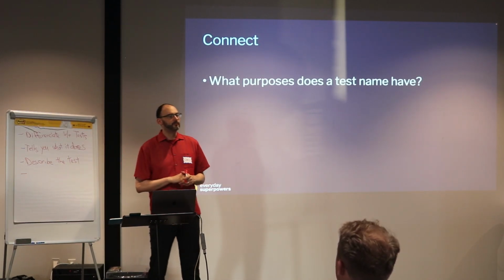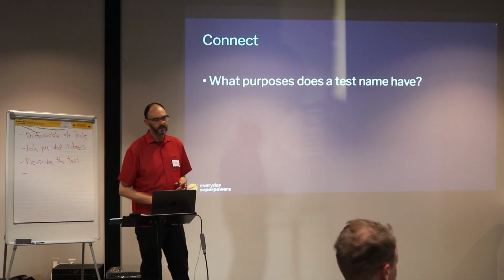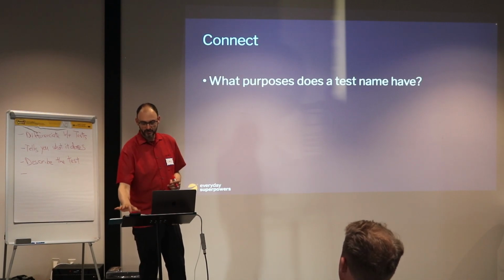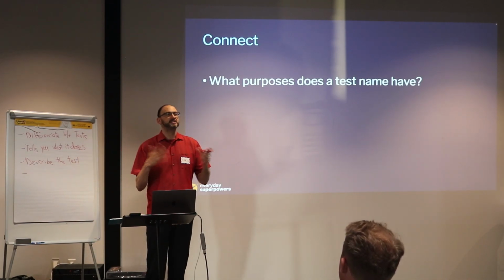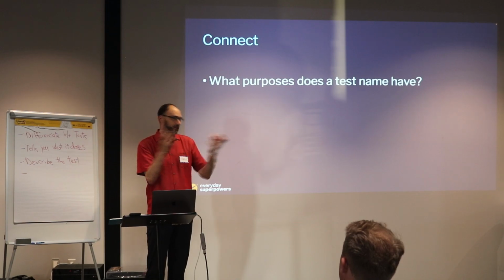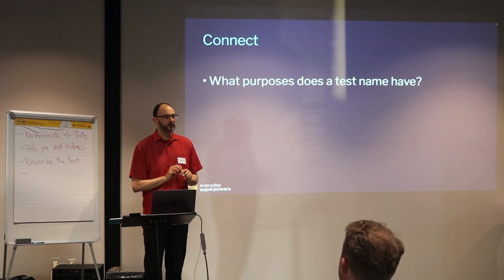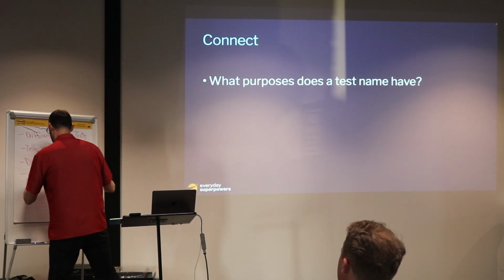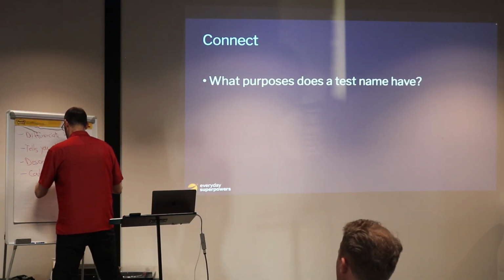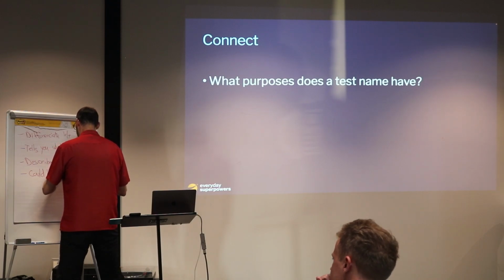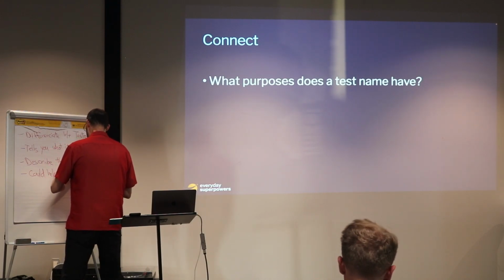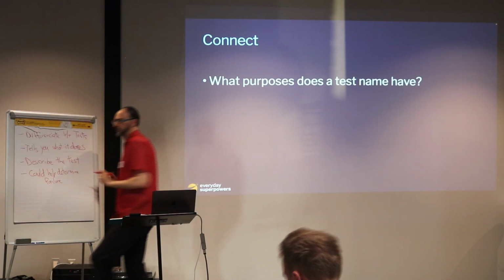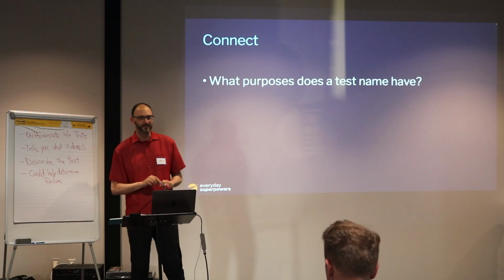I'm thinking just the name, to analyze a failure. Yes, if it's named correctly, it could potentially help you narrow down what part of your code is broken. That's good.